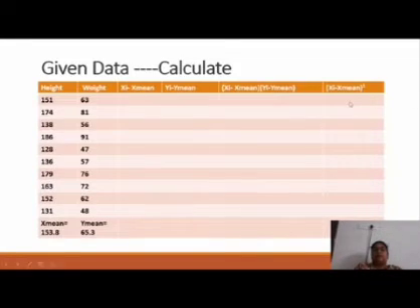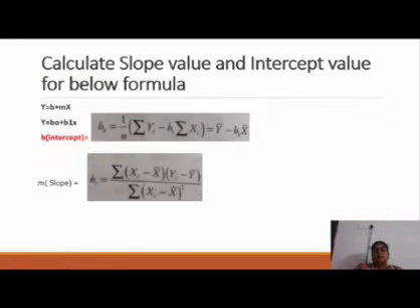We need to calculate the x mean, y mean, and all these things. xi, xi minus x mean, yi minus y mean, everything you need to calculate. And finally, why we need to calculate all these things from the given data is to get the slope value and intercept value. So the formula you have here is y equal to b plus mx.